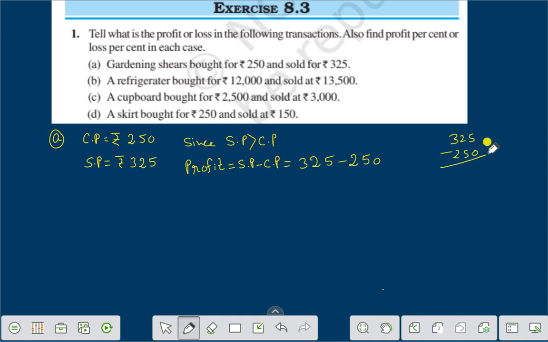If we subtract it, that is 5, that is 7, 75. That is equal to rupees 75.